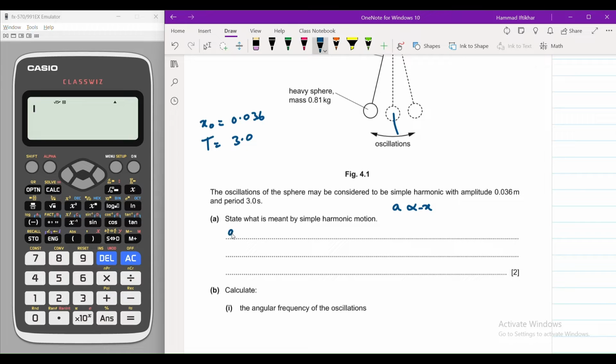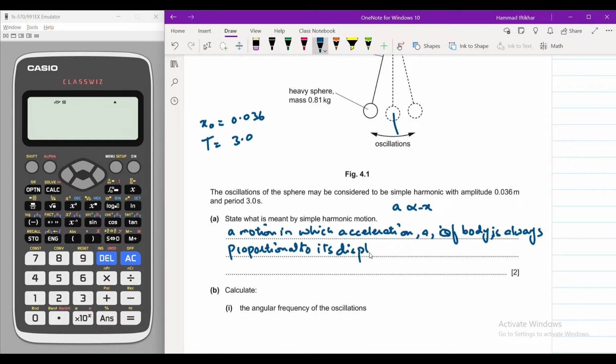So a motion in which the acceleration a of the body is always proportional to its displacement x from a fixed point, and is always directed towards it.